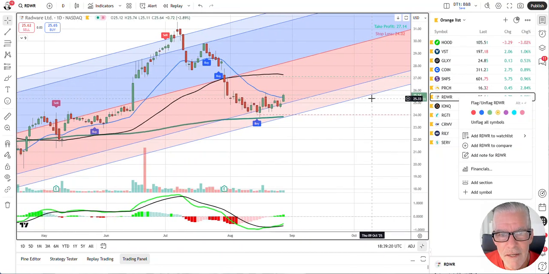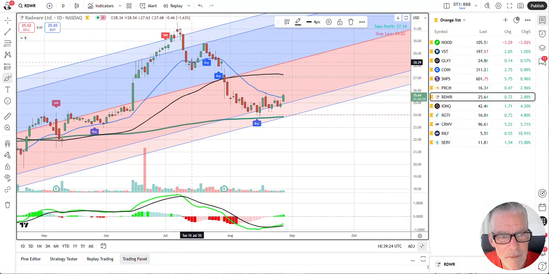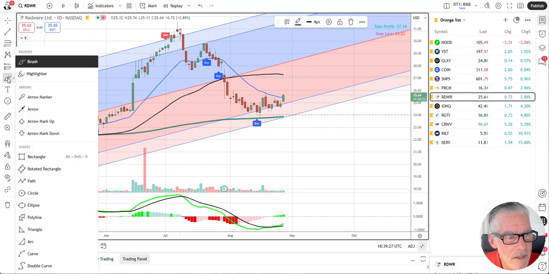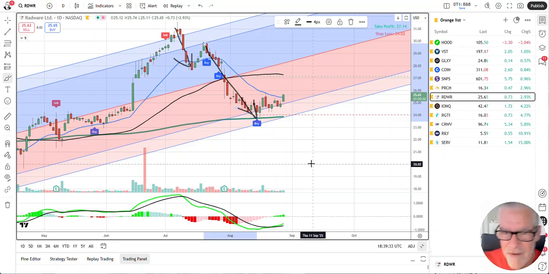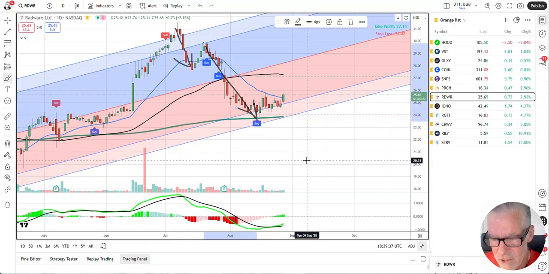Radware. So this one is a little bit problematic because it did have the big crash down and then another big crash down all the way to the 200 period moving average, which is typically not where the strongest stocks go.